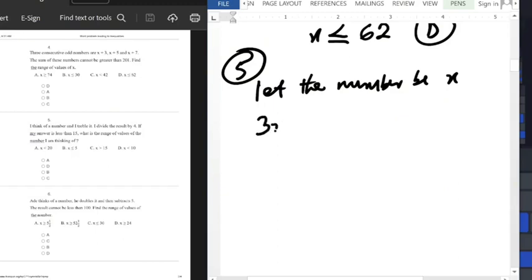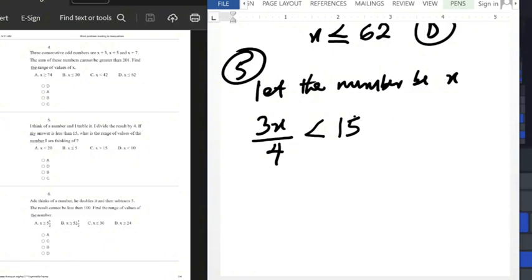That is 3x. I divide the result by 4. If my answer is less than 15, what is the range of values of the number I'm thinking of? You are looking for the range of values of x, right?